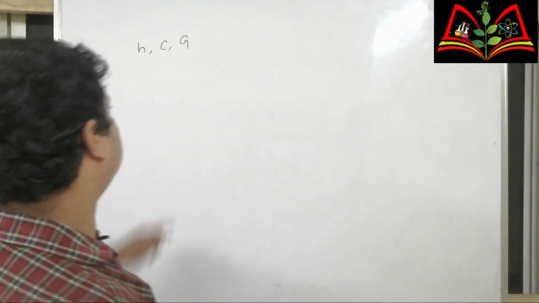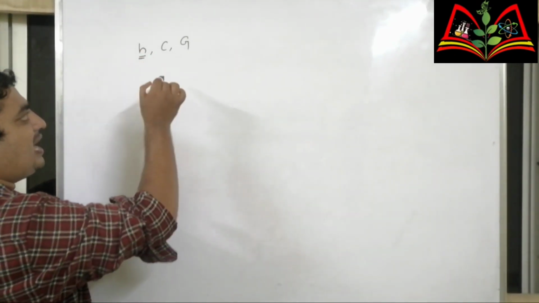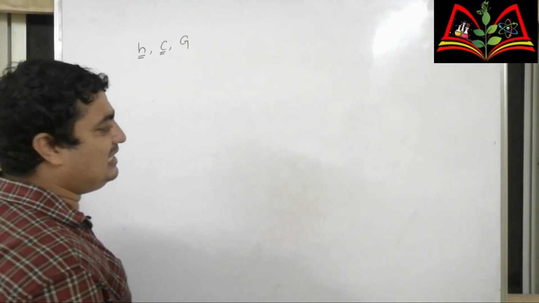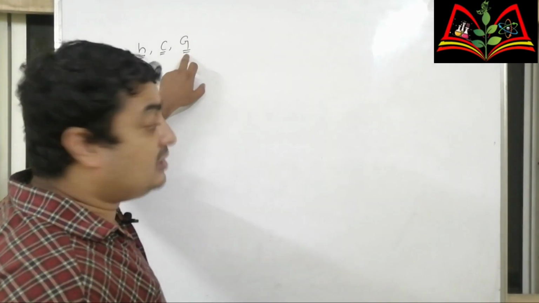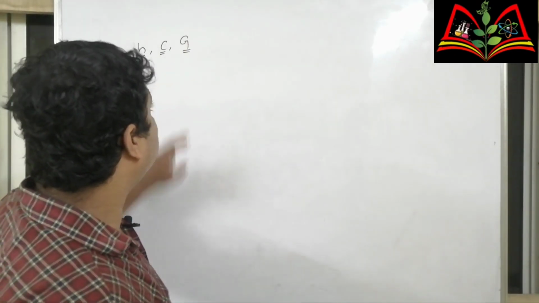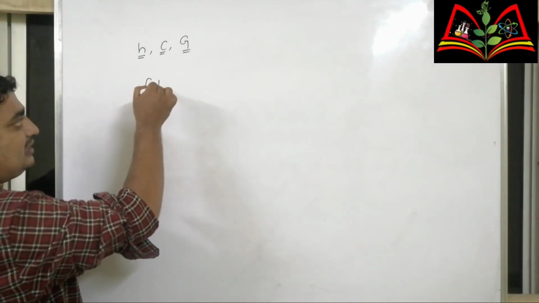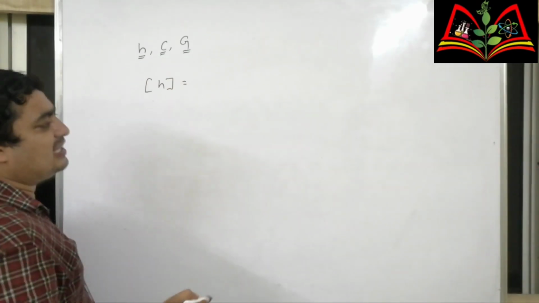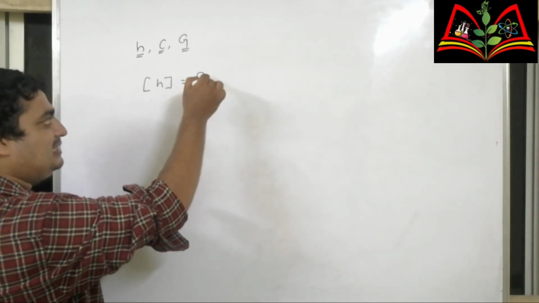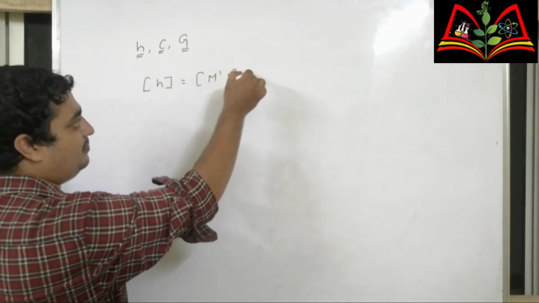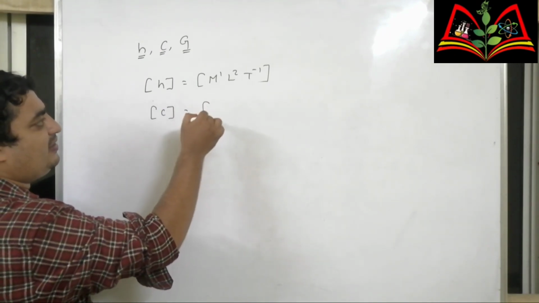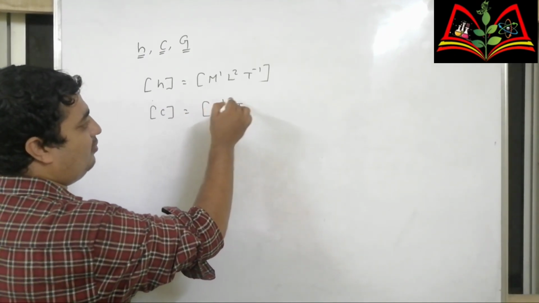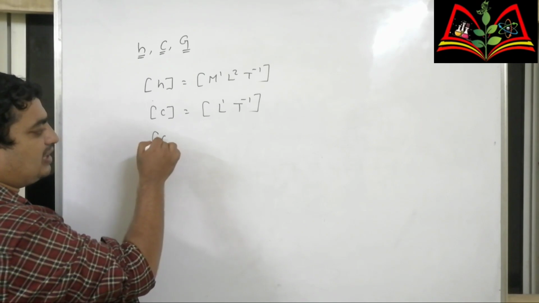H, C and G. Now, H is Planck's constant, C is speed of light, G is universal gravitational constant. Now, what is dimension of H? It is same as angular momentum. Dimension of C, this is speed of light. So, L1 T to the power minus 1.